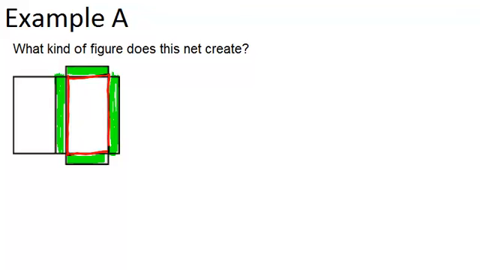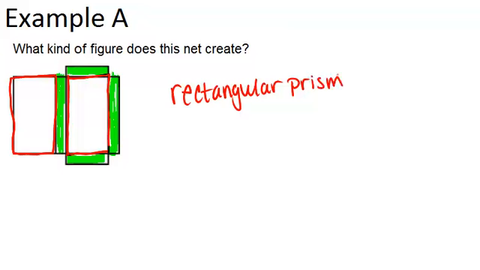So that means that this is going to be a prism. In fact, it's going to be a rectangular prism where the bases are each rectangles. So this is a rectangular prism. And definitely the fact that all of the faces are rectangles gives us a hint about that.